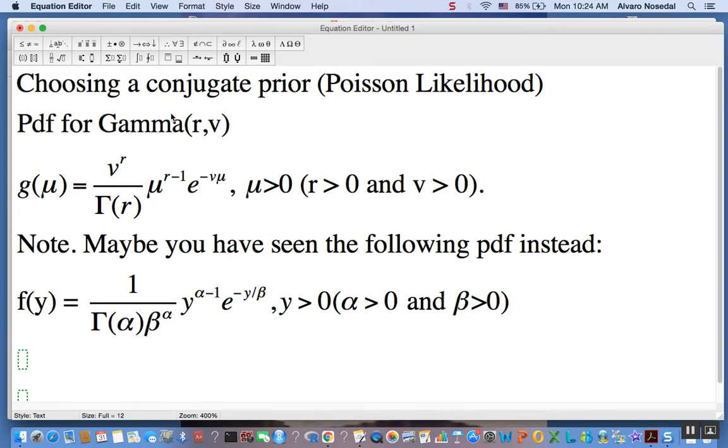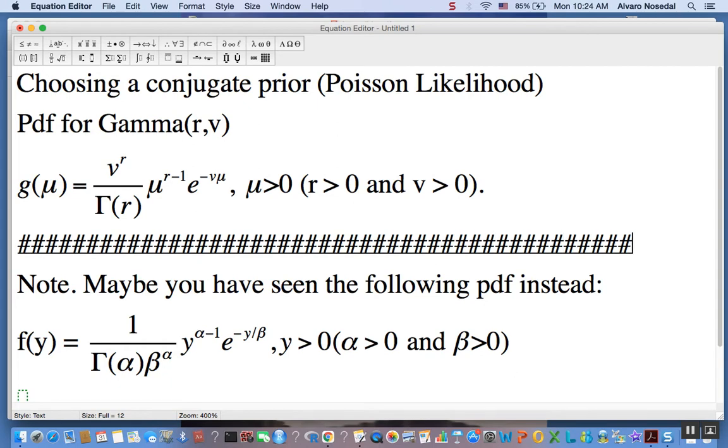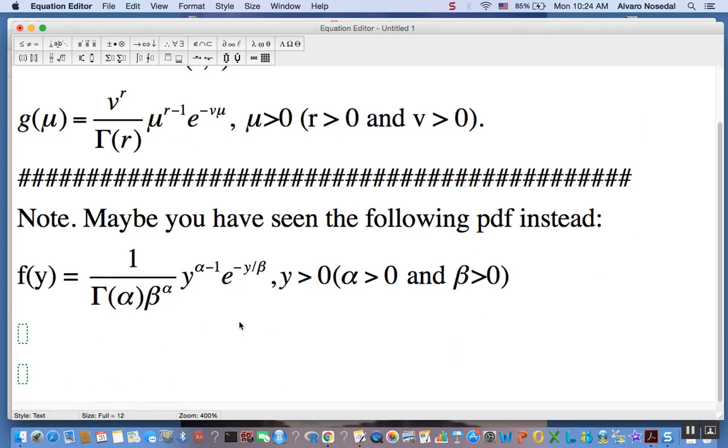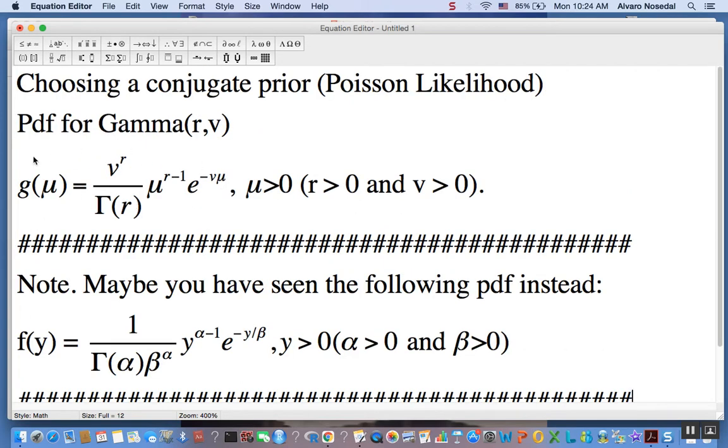So anyway, it turns out that if you're careful, and you use the second expression, the one we just wrote down, you will end up with the same conclusions as you would if you use this PDF. But this is the one that we're going to be using because this is the one that we have in our textbook. And let me just say why the authors of our textbook decided to use this one.